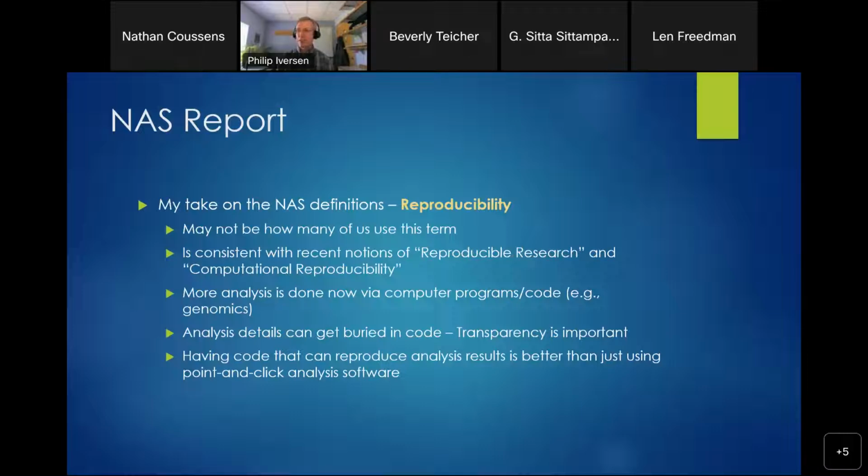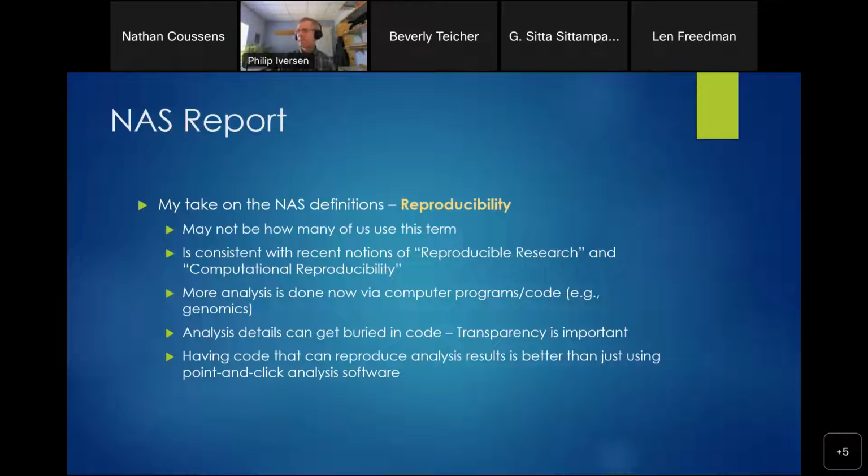Lots of decisions can get buried in the code, and transparency is important. Another whole other topic is, how well is your code commented so that someone else can follow what you were doing? I'll conclude this slide by saying having that code available that can reproduce the analysis results is better than just using point and click software. And the bigger the data set, the more important that is.